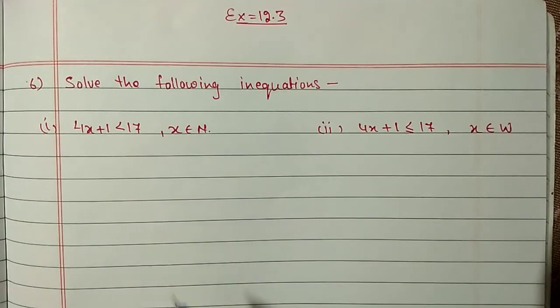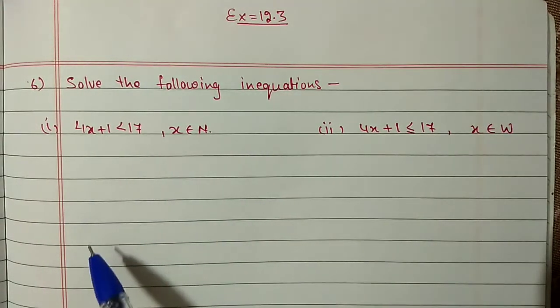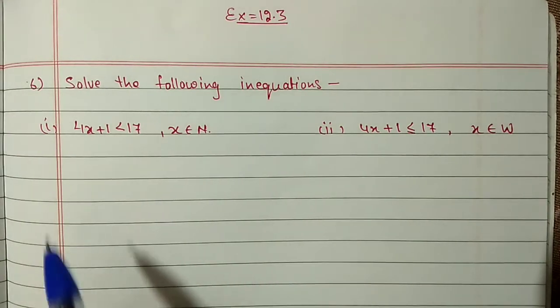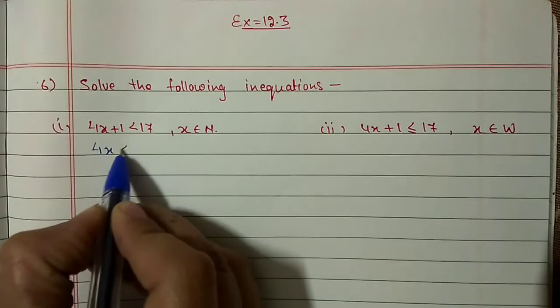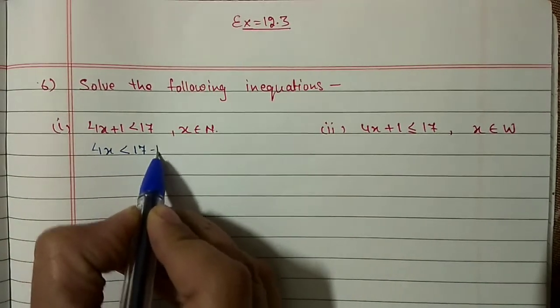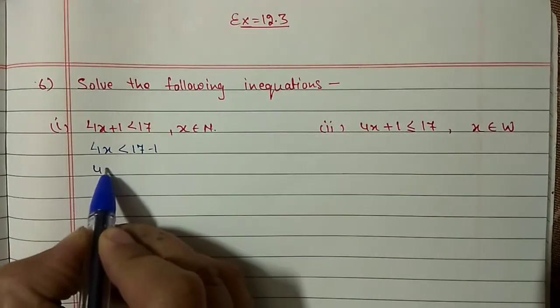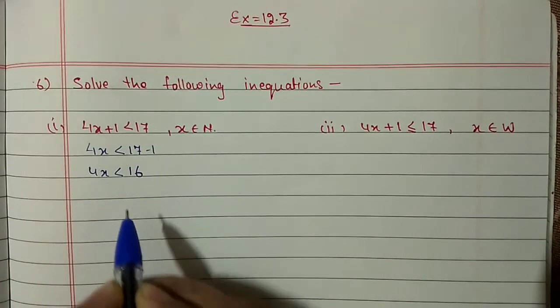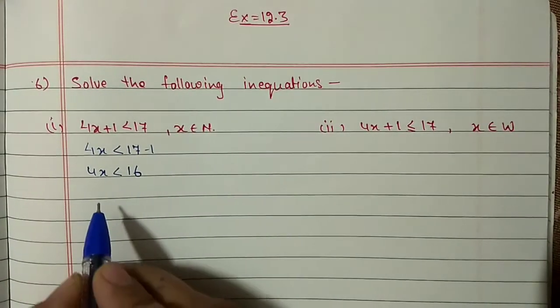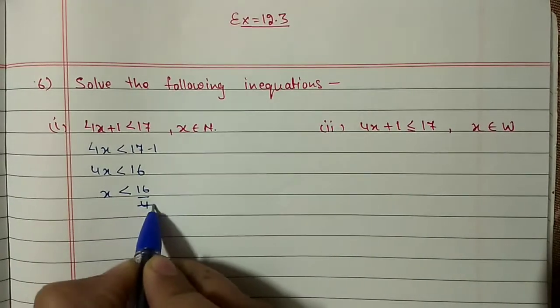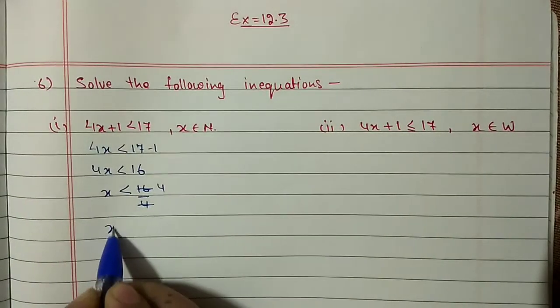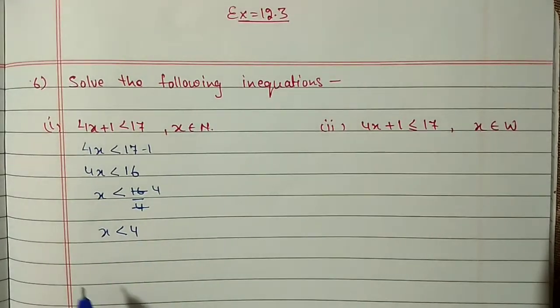to natural number. So first we will simplify this inequation. This one we can shift another side, it will become 4x less than 17 minus 1 or 4x less than 16. Now this 4 also we can shift another side, so we will get x less than 16 by 4. 16 by 4 means 4, so x is less than 4.